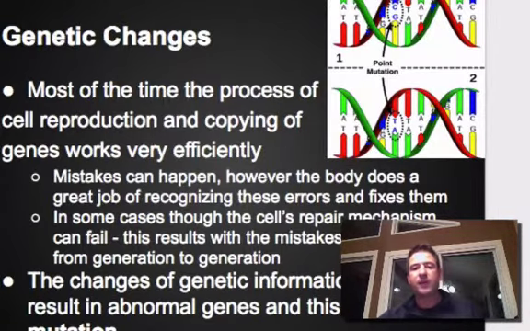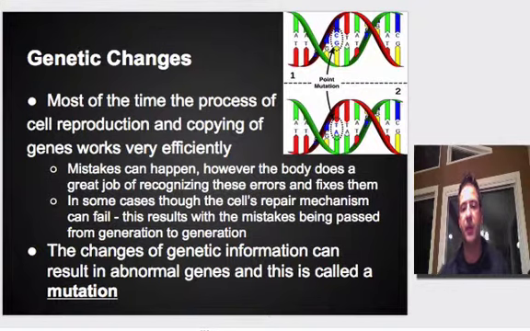So what happens is we get genetic changes, and these genetic changes actually occur in our genes, in our DNA. If we take a look here, these genetic changes are going to occur up top. Most of the time, the process of cellular reproduction works very efficiently in copying genes. But sometimes mistakes happen. Usually the body recognizes the problem, finds the error, and fixes it.